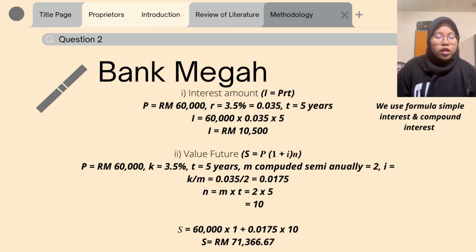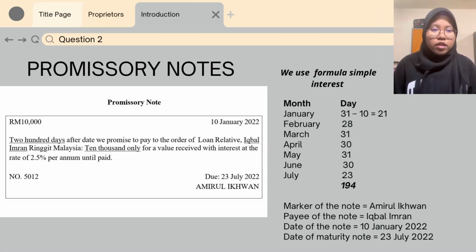And i equals K per M, so we have 0.035 over 2, and N equals M times T, so we have 10. So we can conclude that we have RM 71,366.67.